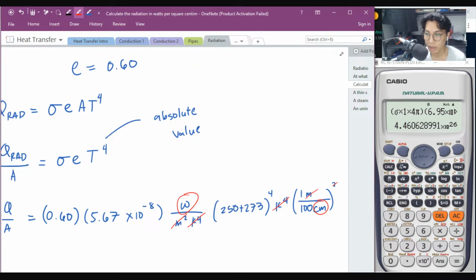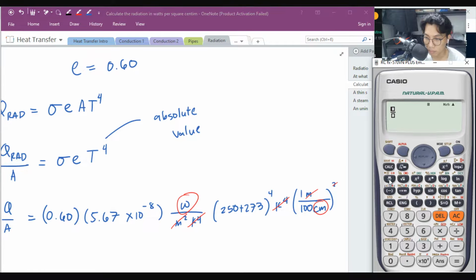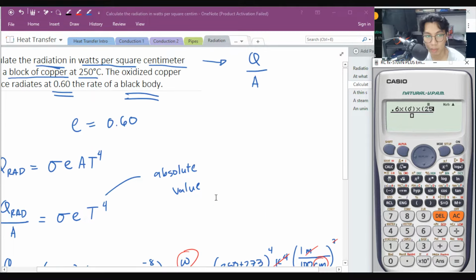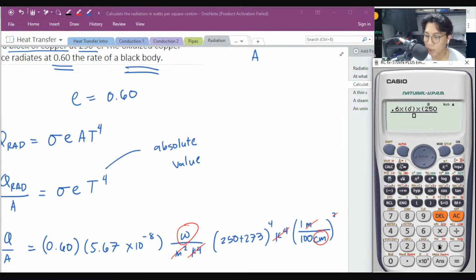Calculate the value. 0.6 times, shift, constant 31, times 250 plus 273 raised to the fourth power. Then we divide by 100 squared.